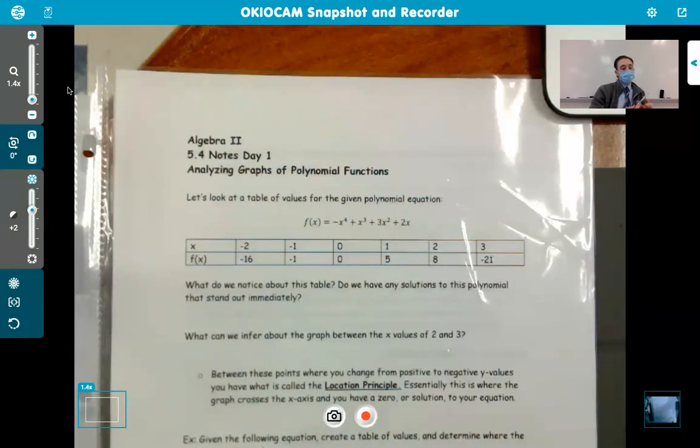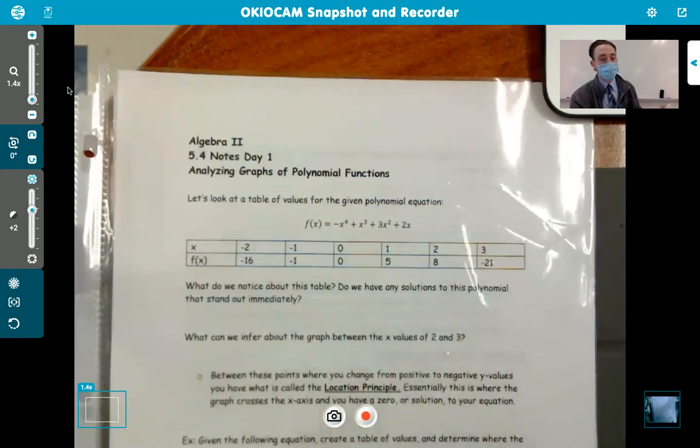Are there any solutions to this equation? Remember one solution? What's that? Is it one solution? So where do you see that one solution right now? What x value? Zero. That x equals 0, right?